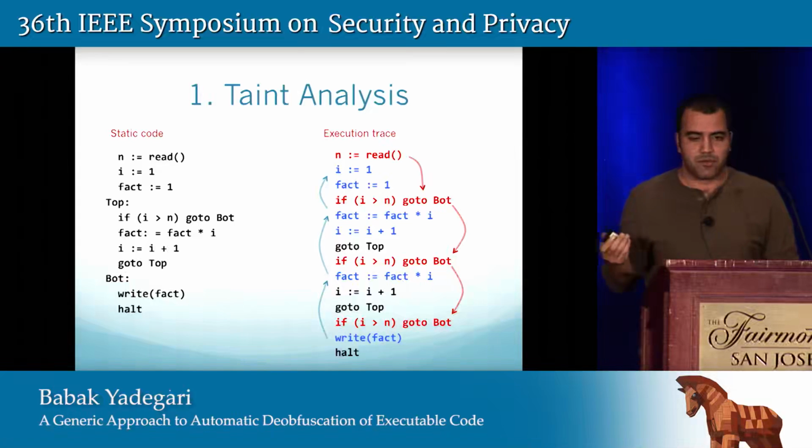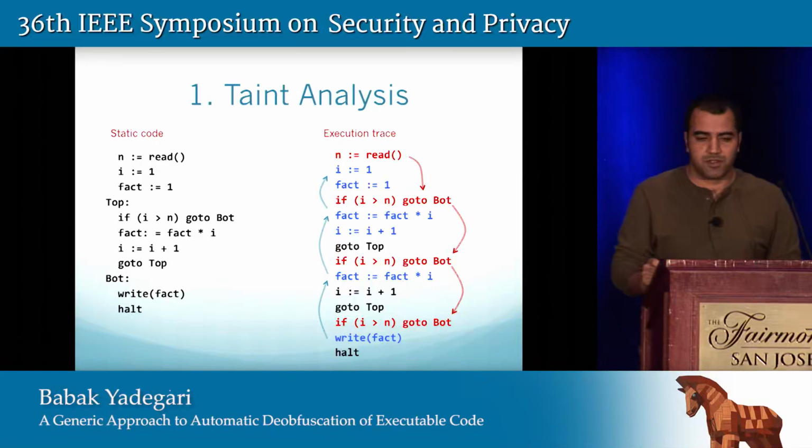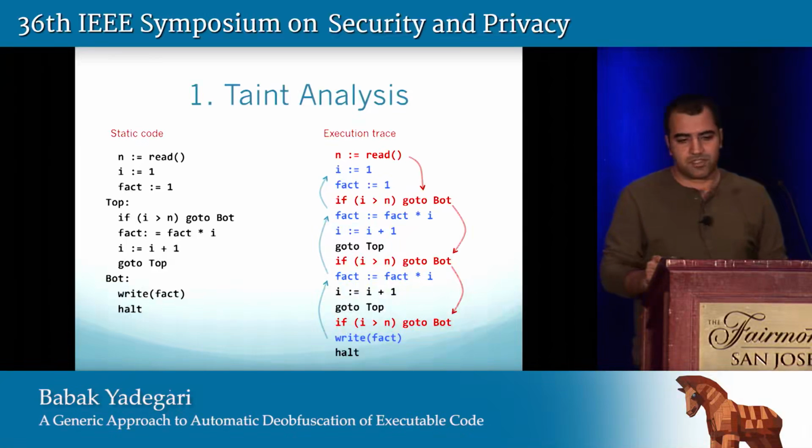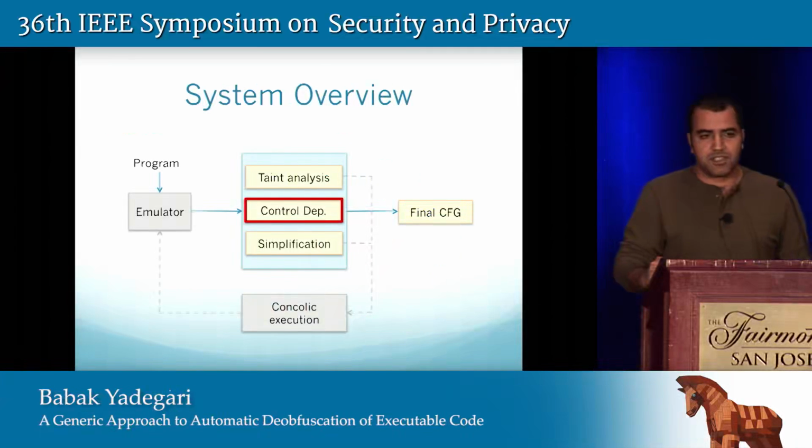We start propagating taint backward from the values that flow into output functions, which is write in this example. This will identify instructions that affect the values going to output functions. The next step after doing taint analysis is to find control dependencies.